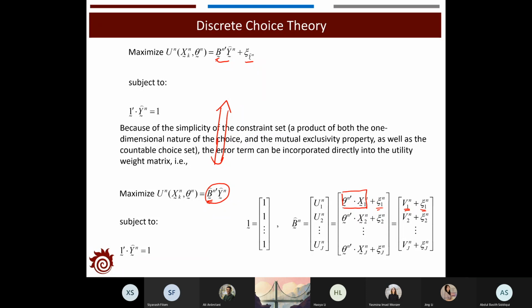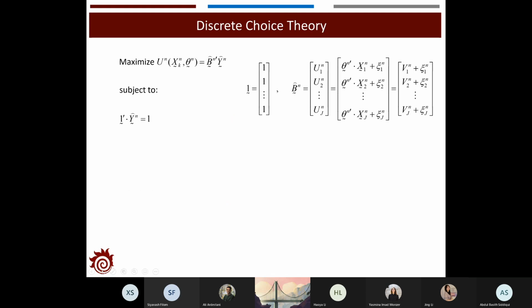So that's the revised model, and as I just explained, we have the deterministic component. It's just a part of the utility, and we have the random component, and it should be applied for us to calculate the probability for you to take each mode.